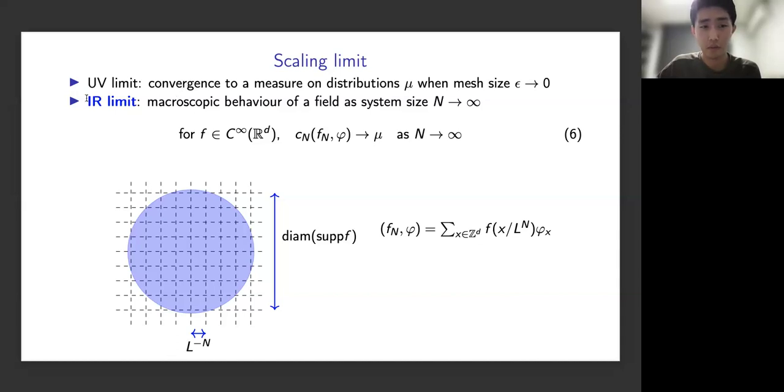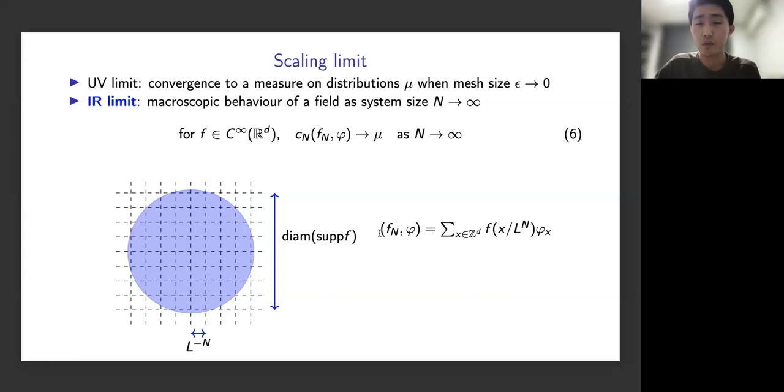We are going to think about the infrared limits, where we think about the macroscopic behavior of the field when the system size goes to infinity. So for example, we can think of a smooth function f on d-dimensional space, and then test the function phi against f_n. So f_n is the discretization of this smooth function.